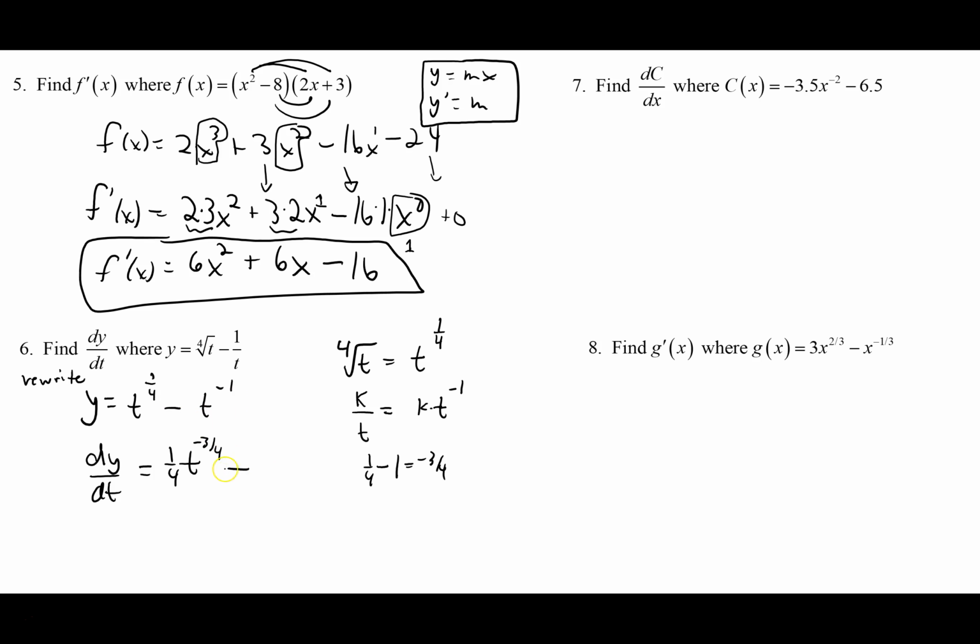It's the same as the sum rule. And what we're going to do is bring down the -1 and take t to the -2. So just to fix up this answer, we'll have 1/4 t to the -3/4 and then plus t to the -2.